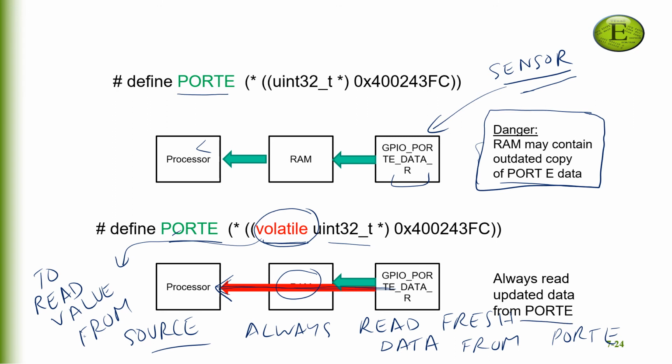And that's where, when we work with the GPIO ports, where we have connected sensors, and sensors can update their values externally, it is possible that we may not recognize that. So whenever we read the port data, always declare a pointer to a volatile 32-bit integer.